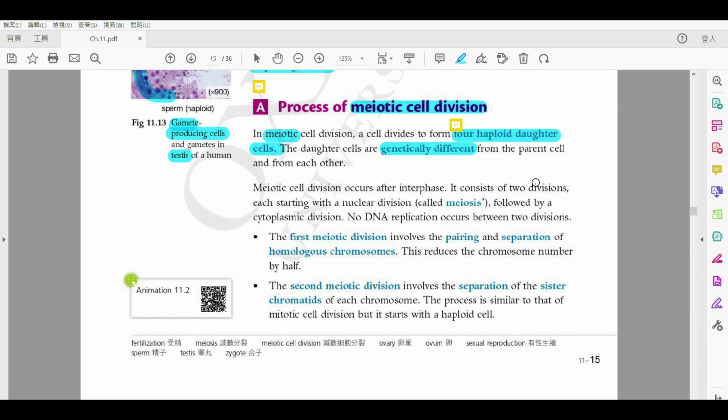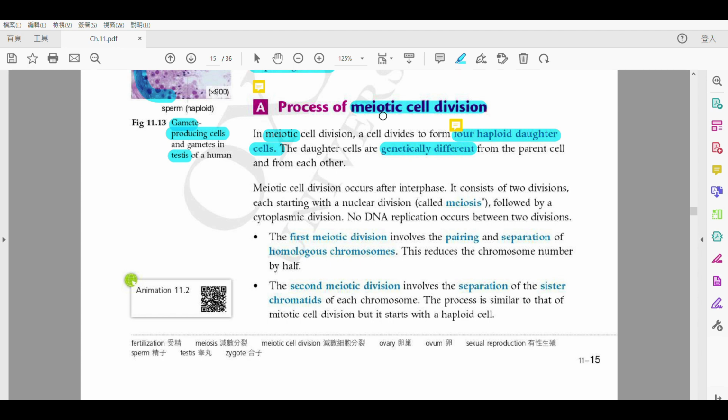Because if we are the same as our parents, it's like cloning, right? There are lots of disadvantages of cloning. So we are genetically different from our parents because the gametes that the father or mother produce are different. Therefore you and your brothers and sisters are also different.